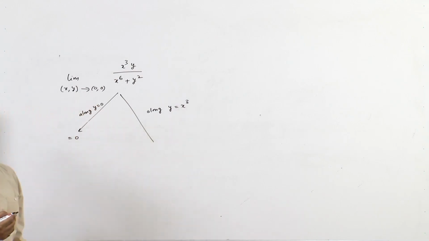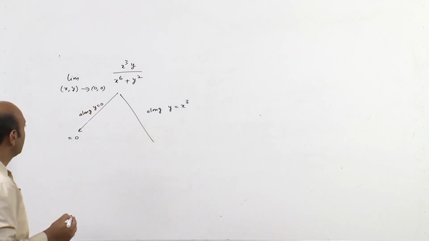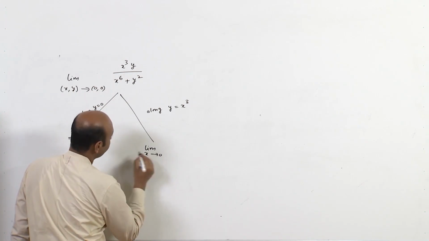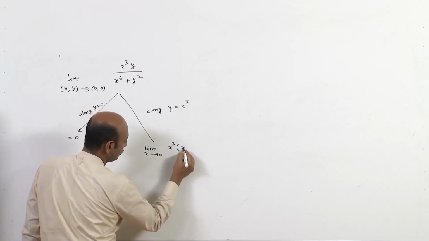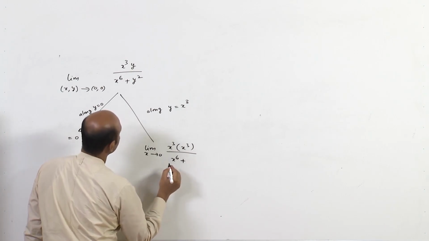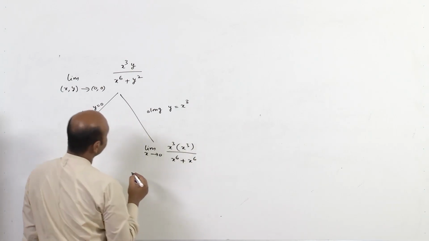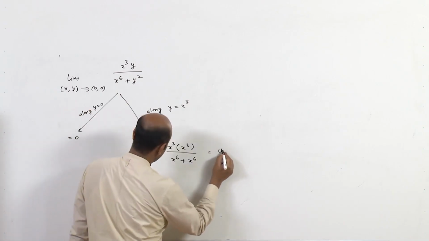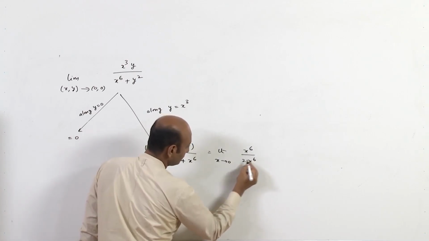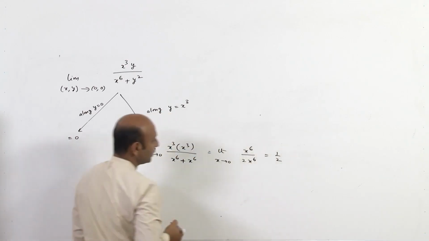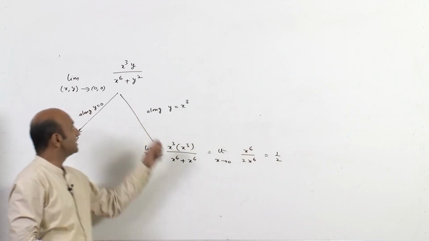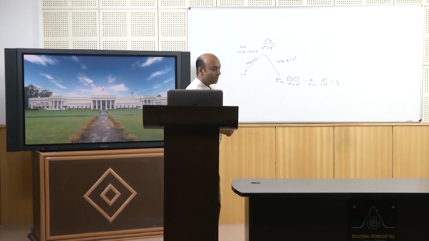If you move along this curve, then this is nothing but the limit as x tends to 0 of x cube into x cube upon x to the power 6 plus x to the power 6, which is equal to the limit as x tends to 0 of x to the power 6 upon 2x to the power 6, which is 1 by 2. So from one path the value is 0 and from the other path the value is 1 by 2, this means this limit does not exist.